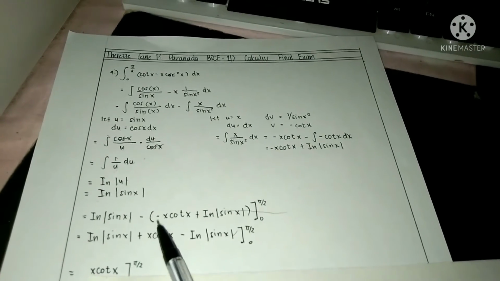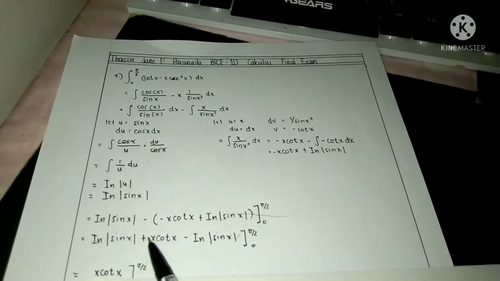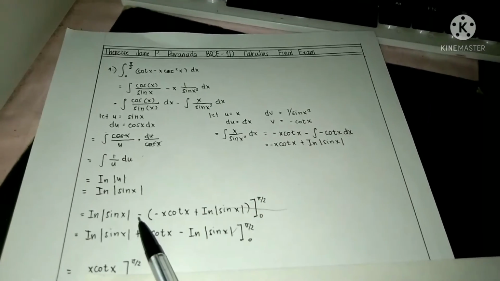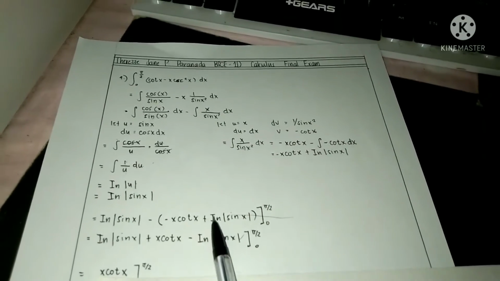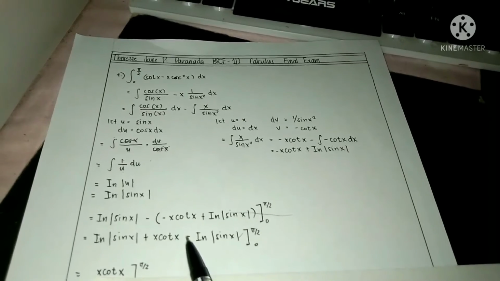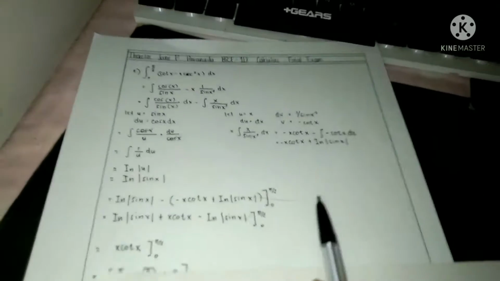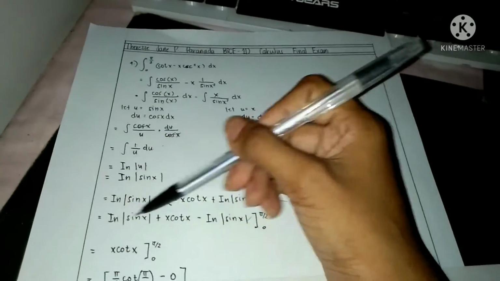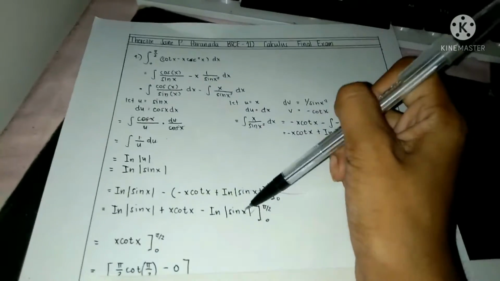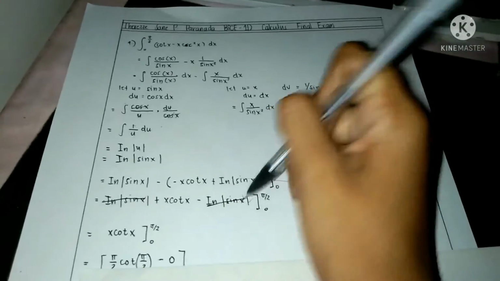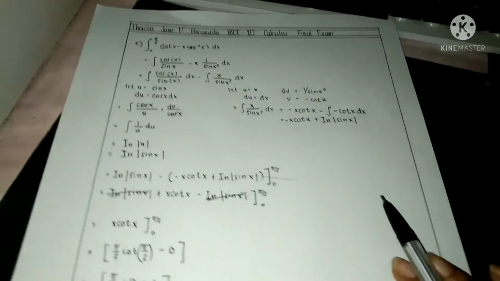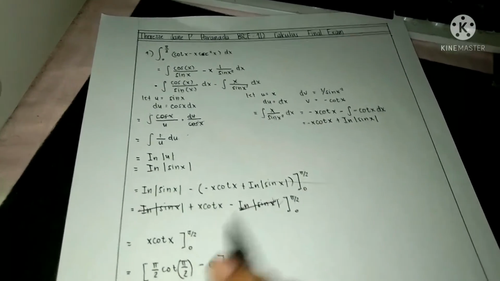So, negative times negative x cotangent x will become positive x cotangent x. Then, ito, negative times positive ln sin x is equal to negative ln sin x. Then, yung upper and lower limit natin. So, since magkaparehas to, magma-minus siya, so makakancel siya. So, matitira is yung x cotangent x and our upper and lower limit.